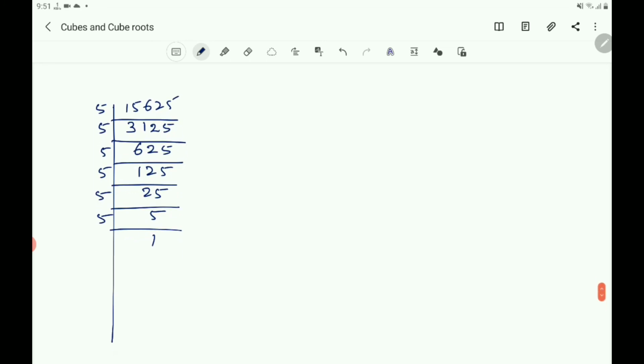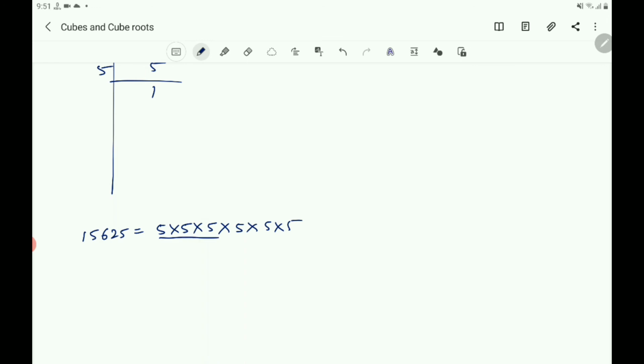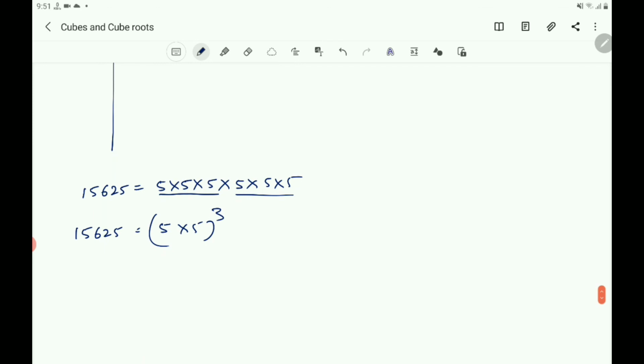Then you write 15,625 equals, how many times 5 you got? 6 times 5 you got. So you write 5 into 5 into 5 into 5 into 5 into 5. Then you make the group of 3 equal numbers. Then 15,625 equals, here 5 into 5 whole cube. Now you take the cube root on both the sides.